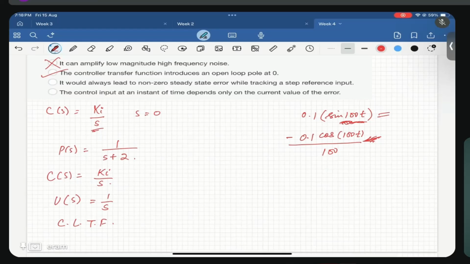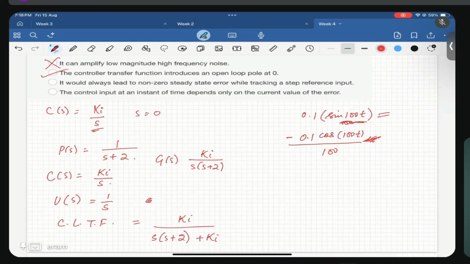So your G(s) will be ki by s(s plus 2), and your closed loop transfer function will be ki by (s square plus 2s plus ki).